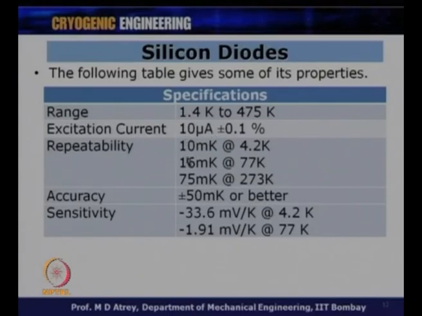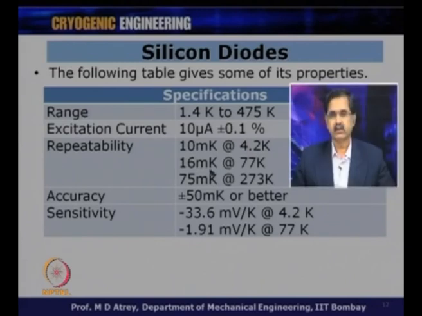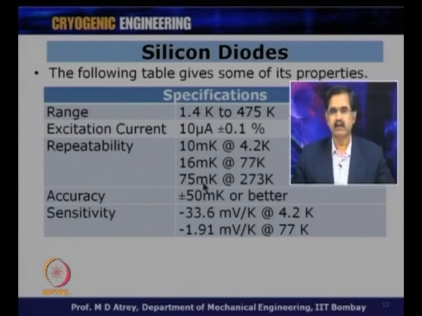The repeatability is very good: 10 millikelvin at 4.2 Kelvin, 16 millikelvin at 77 Kelvin, 75 millikelvin at 273 Kelvin. So, repeatability is very good, in the range of 10 millikelvin at lower temperature because of high sensitivity. The accuracy is around plus minus 50 millikelvin or better. This is a very good accuracy as far as low temperatures are considered.